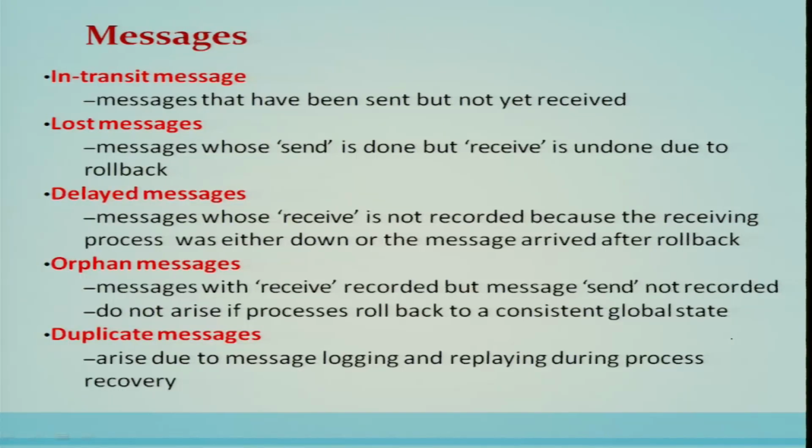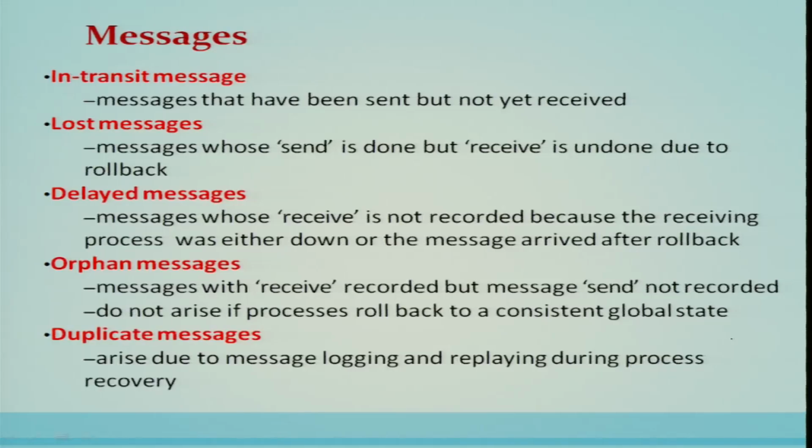There are different types of messages which we have to see under the preliminaries. An in-transit message is a message that has been sent but not yet delivered; we will explain this in the next figure. A lost message is a message whose send is done but whose receive is undone due to the rollback.